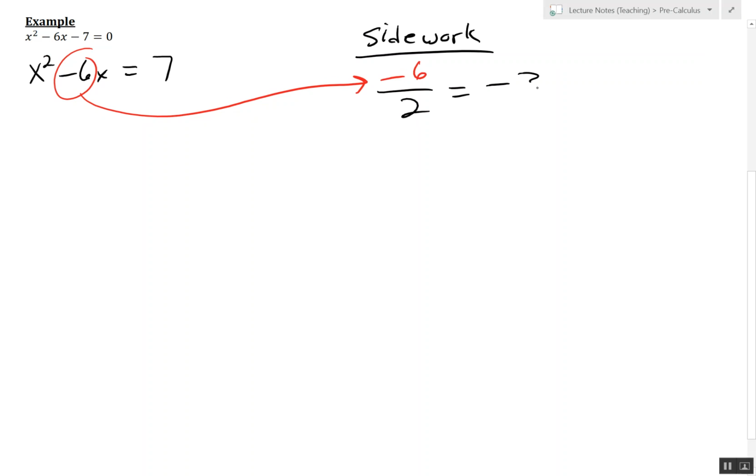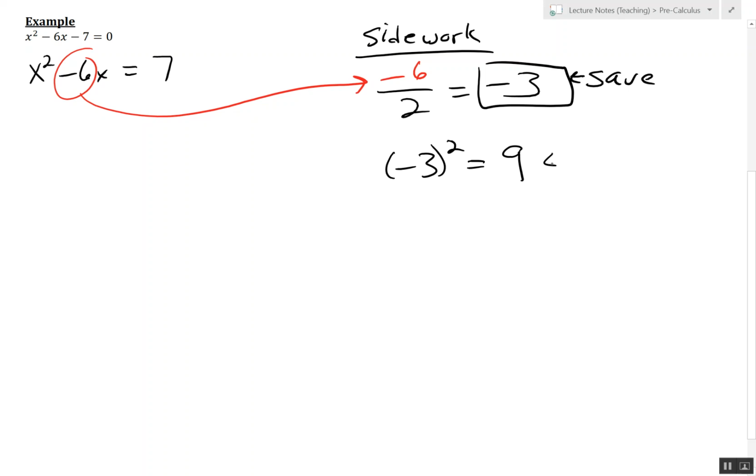And this is going to be a negative 3. This is the number you save, because you're going to use it a couple times. First time you're going to use it is you're going to take negative 3 and square it and get 9. And this is what you add to both sides.